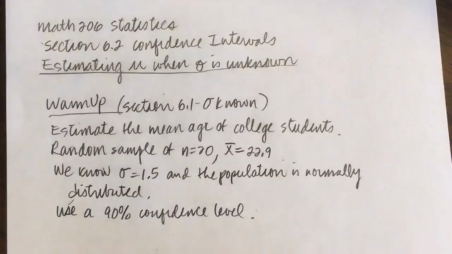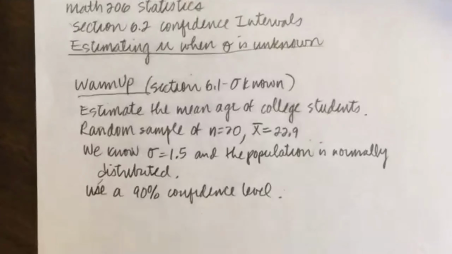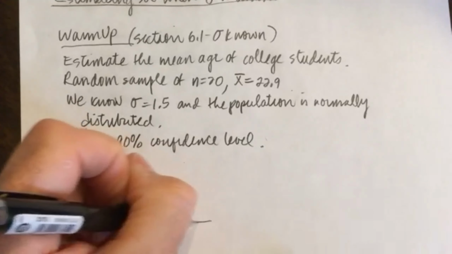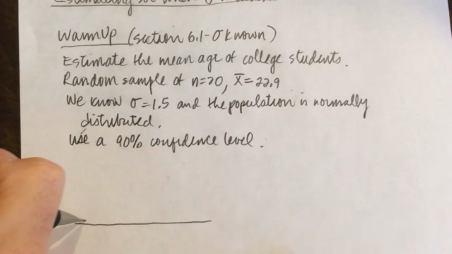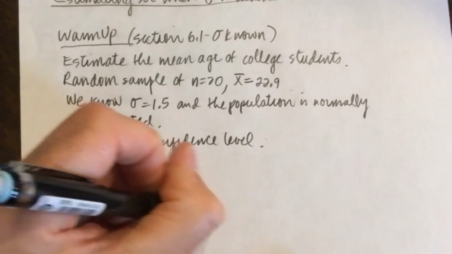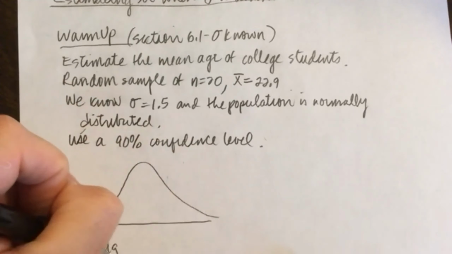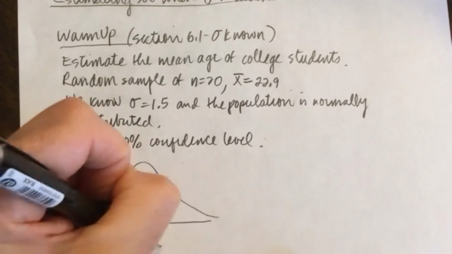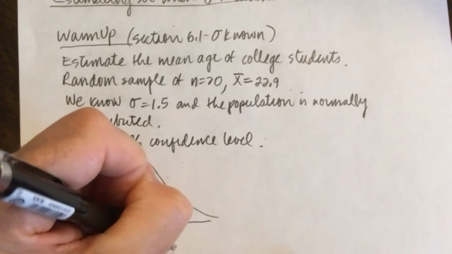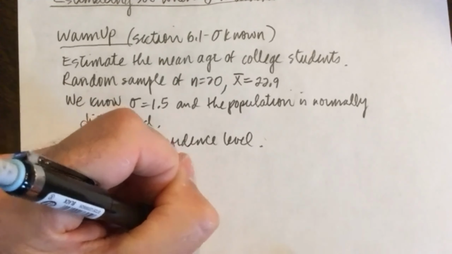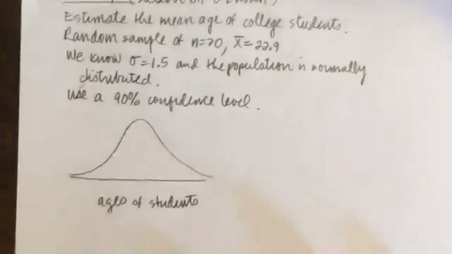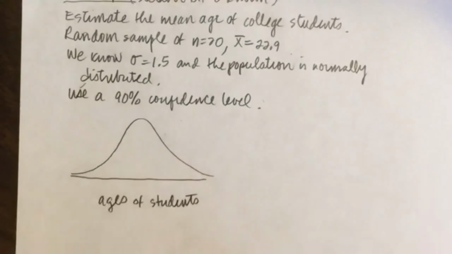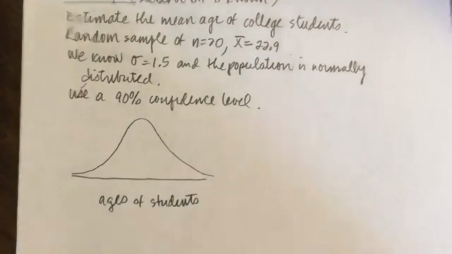So here's what we're going to do. We have two distributions that we're going to look at. First, we have the distribution of all college students' ages. So these are the ages of students. The problem told us that they're normally distributed, or we could make that assumption, and I think that's reasonable.